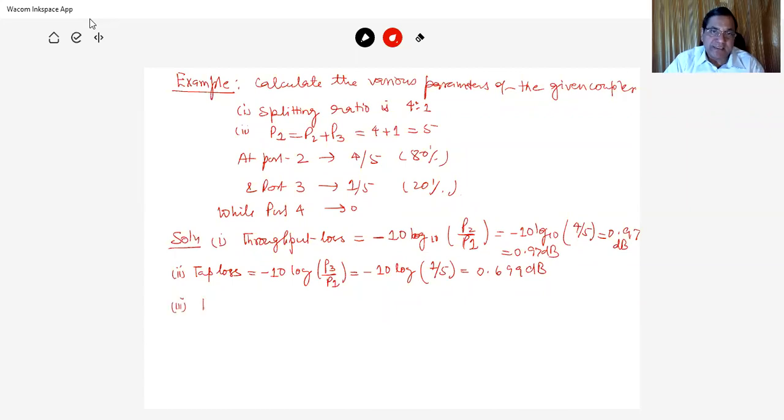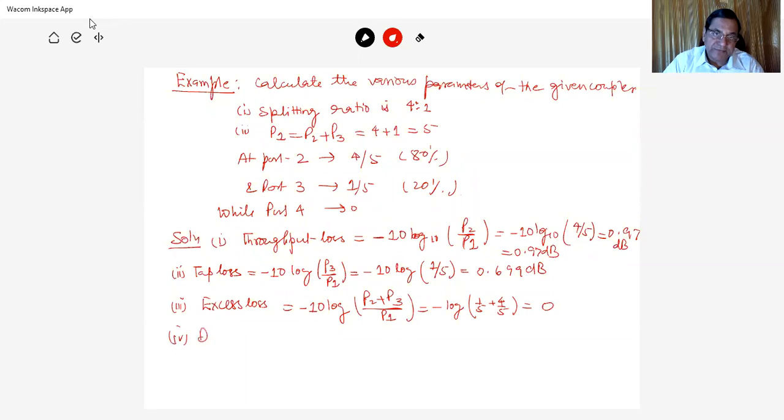Third one is excess loss. Excess loss is minus 10 log P2 plus P3 upon P1, that is minus 10 log 1/5 plus 4/5, that is 5/5. So it is 0.